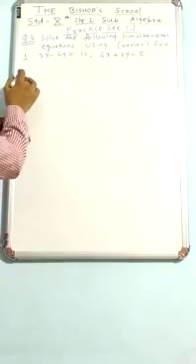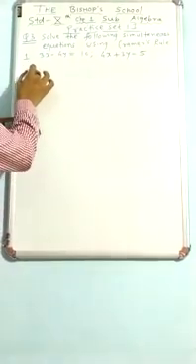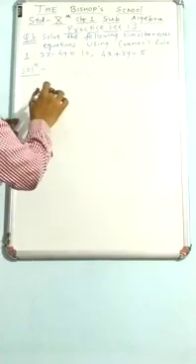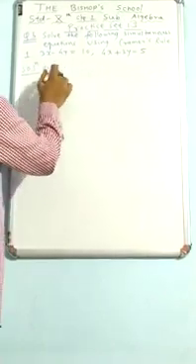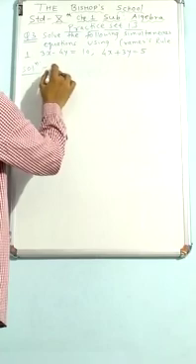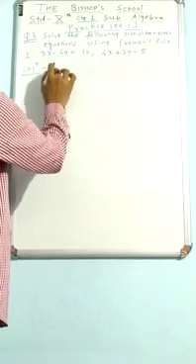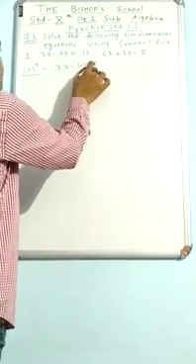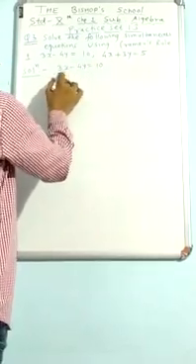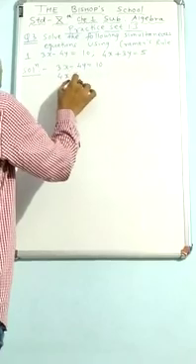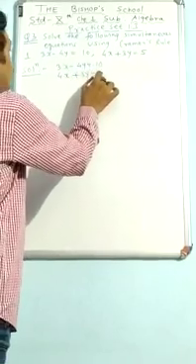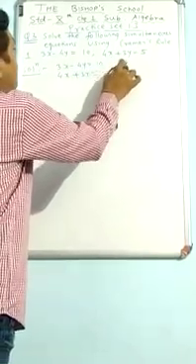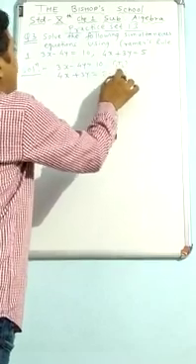Now we will write the solution and find the value of the determinant. So first we write the equations: 3x minus 4y equal to 10 is my first equation, and 4x plus 3y equal to 5 is my second equation.